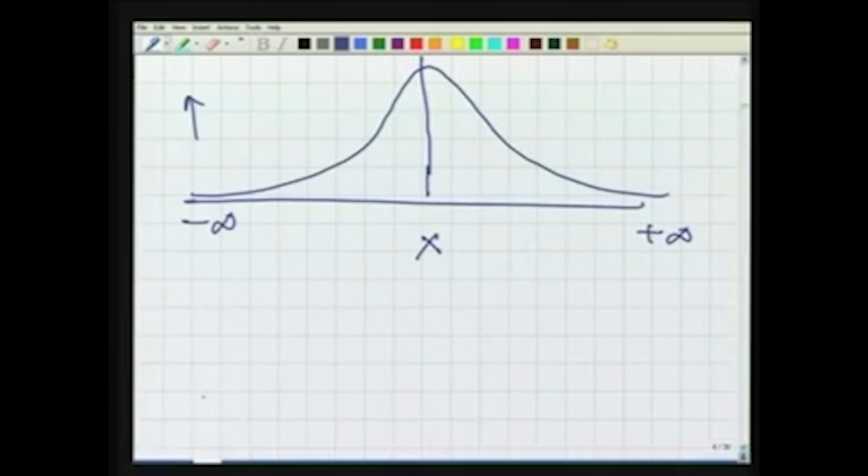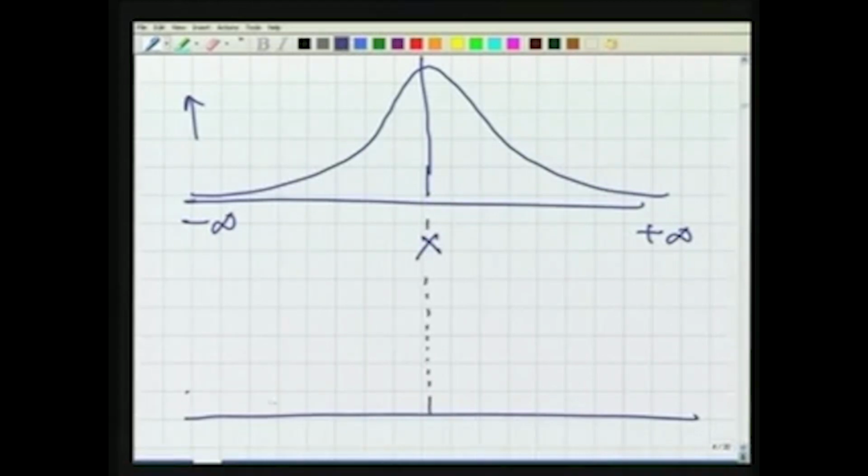Now, what am I doing? I am plotting along with this, in the same line here, my another curve, and this curve is for F(x) against the value x.